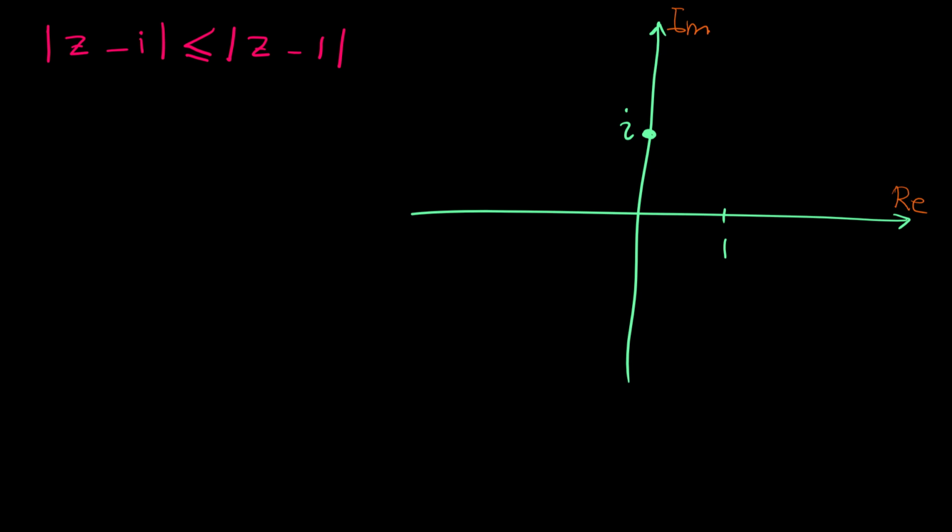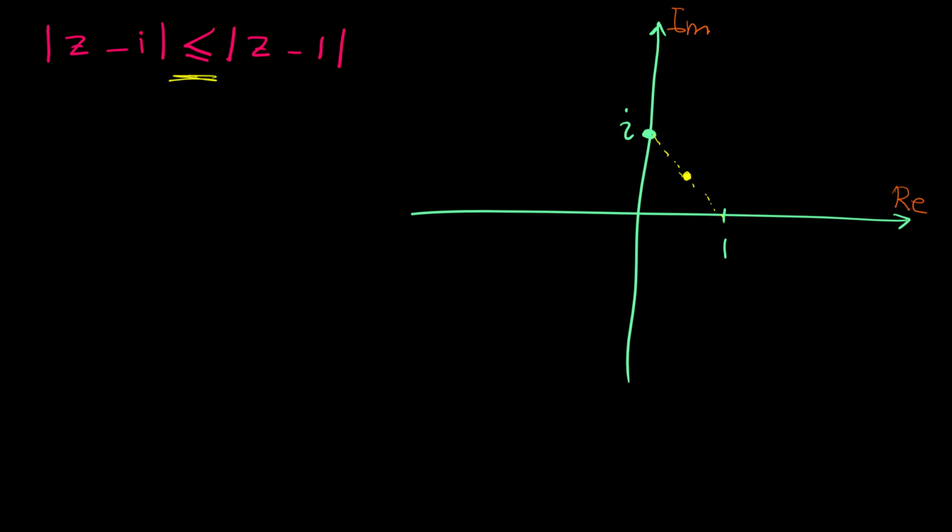Now we are looking for points whose distance from i is less, so basically the points that are closer to i compared to 1. Again, if we connect these 2 points to each other, the point in the middle has the same distance from these 2 points.